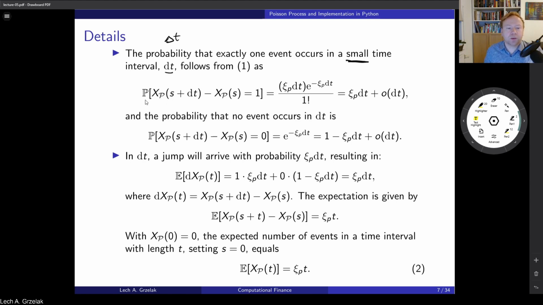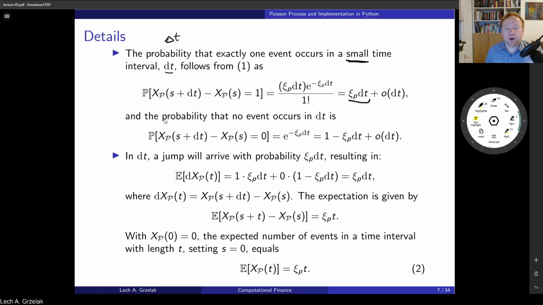The probability that X p at s plus dt minus X p at s is equal to 1, following the definition from the previous slide, is equal to xi p dt, since the time interval from s to s plus delta t minus s is delta t, plus a small o of dt.